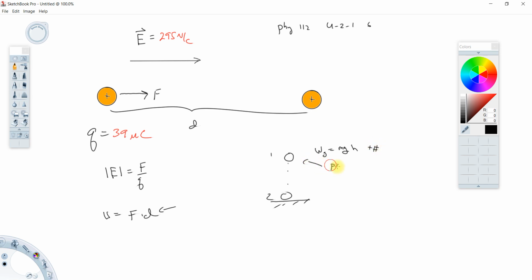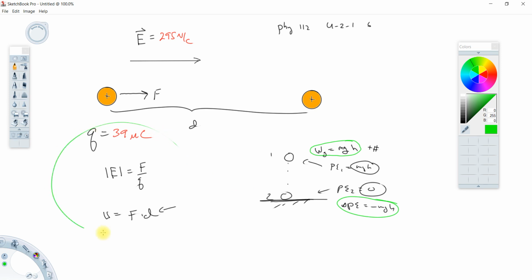Your PE1 would be mgh, assuming datum at the floor. Your PE2 is 0, again datum at the floor. So your change in potential energy is minus mgh, because we went from mgh to 0. You can see the relationship here between the work done and the change in potential energy. Effectively, it's the same thing with this question.